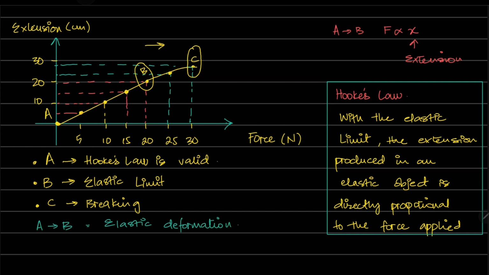Which means that if you are applying a force, there is an equal amount of extension, and the moment you remove that force, the object will regain its actual position or shape, right? But from point B to point C, there's permanent deformation happening.